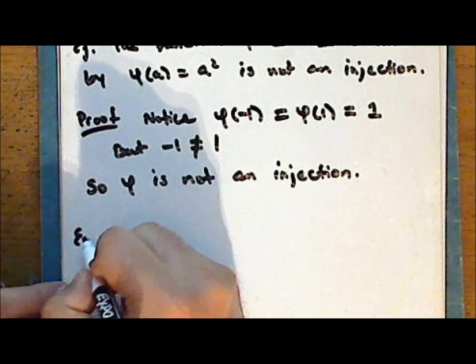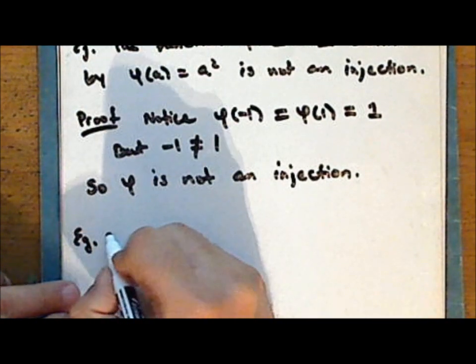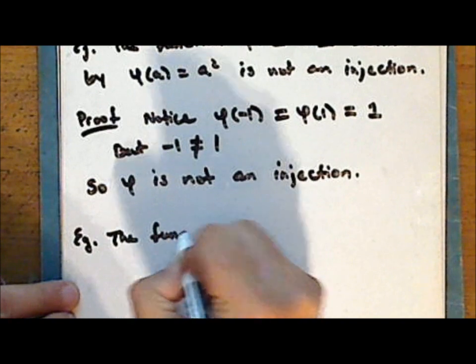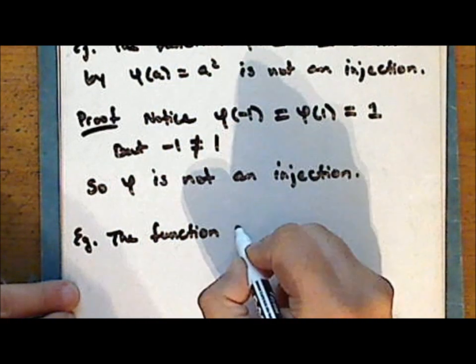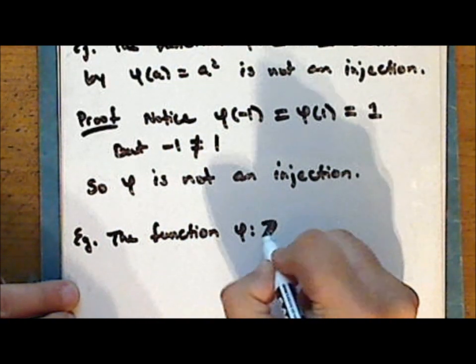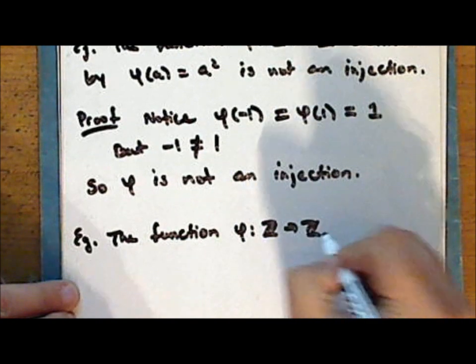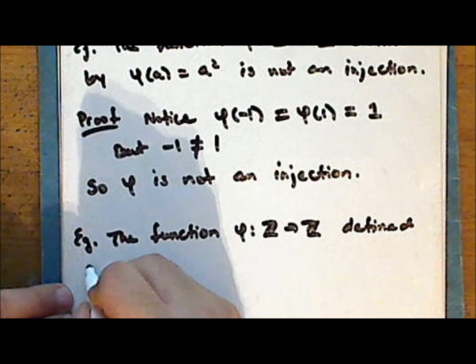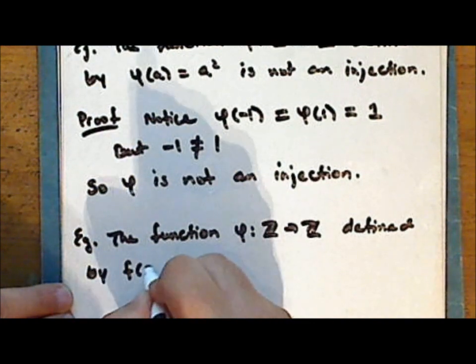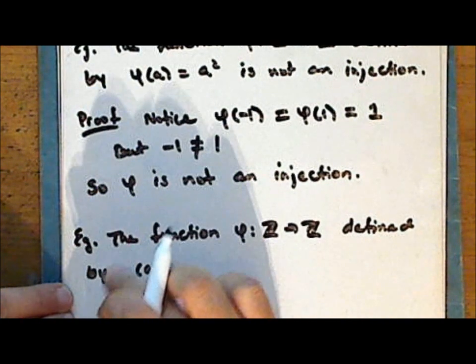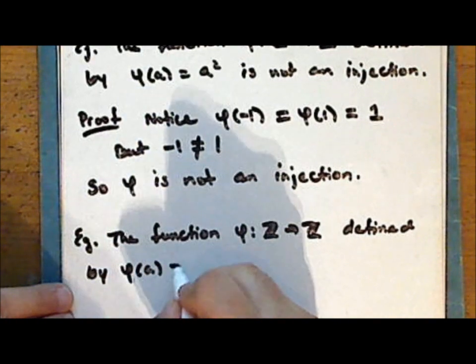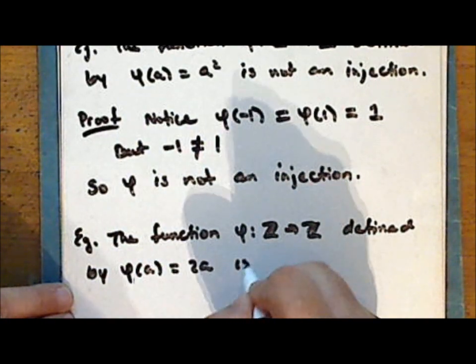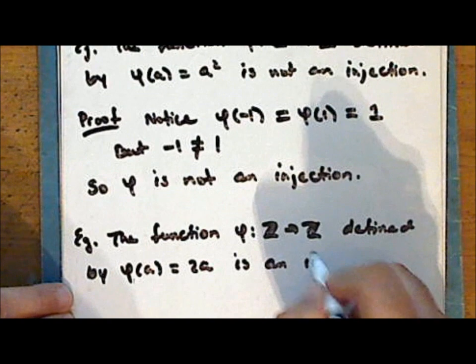So now let's look at an example that is an injection. The function phi from the integers back into the integers, defined by phi of a is 2 times a, is an injection.